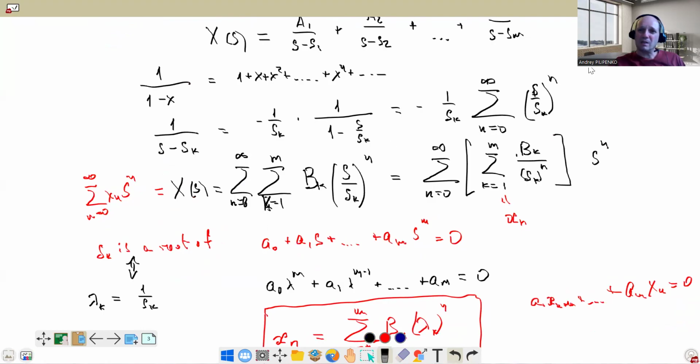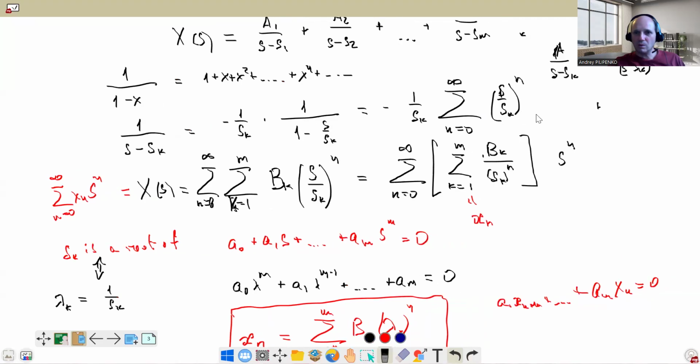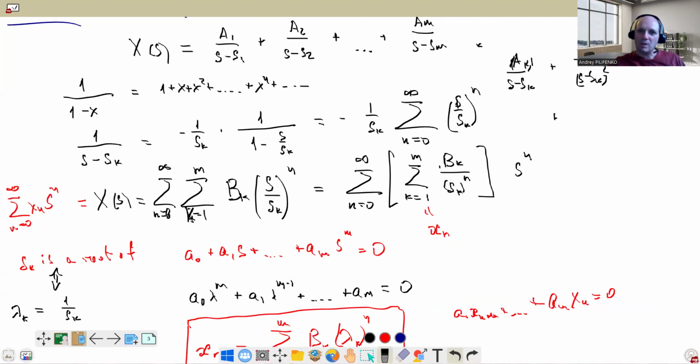for example, if sk is a root of certain multiplicity, then you will have a representation with s minus sk, s minus sk squared, and so on.